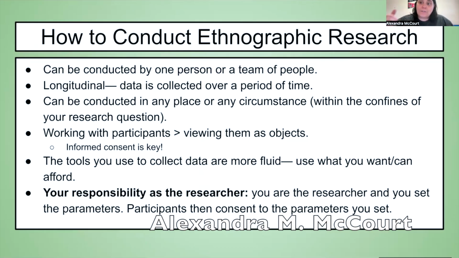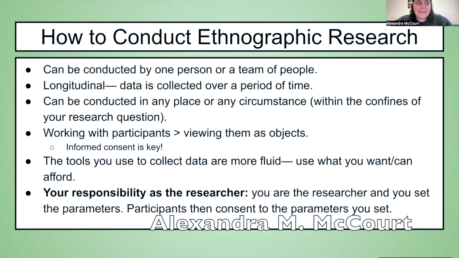Your participants have to know what you are researching, how you are researching, what their role as the participant is, what your role as the researcher is. And at any point, they can pull out. They can say, you know what, I'm not okay with being in this research. And you have to adjust accordingly, right? Part of working with humans and taking a holistic approach is also letting them say no.